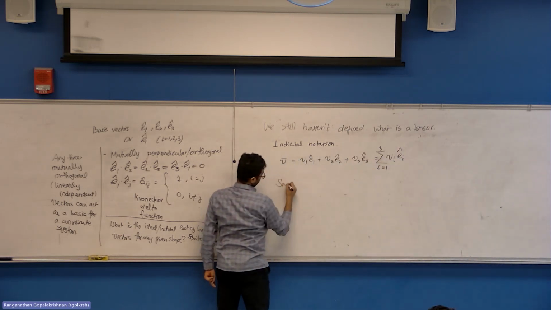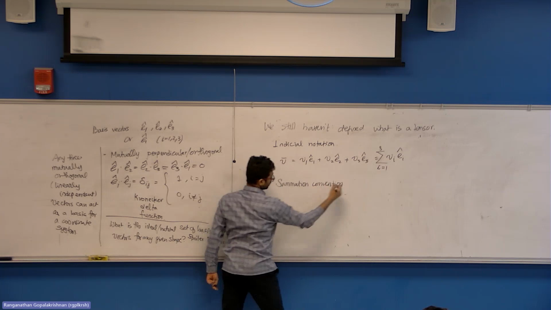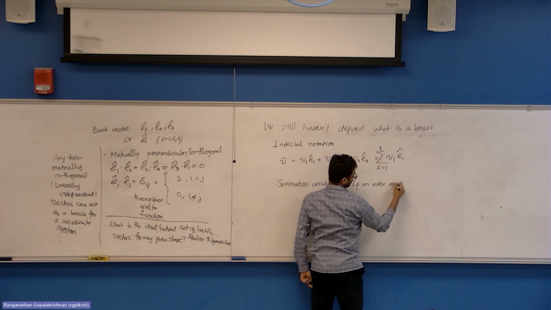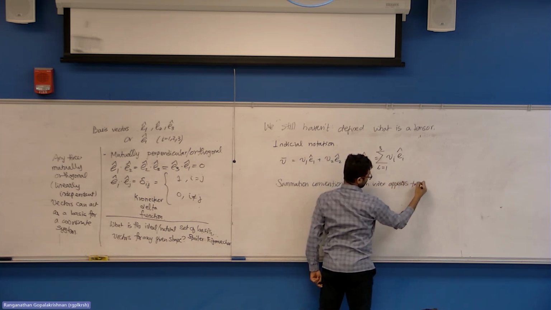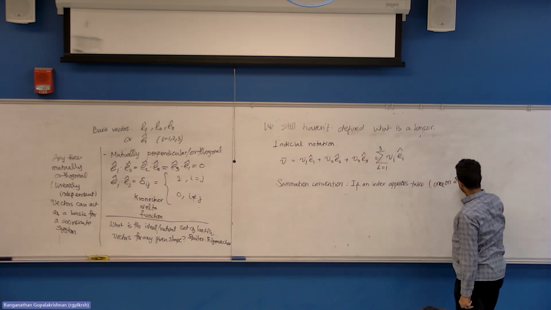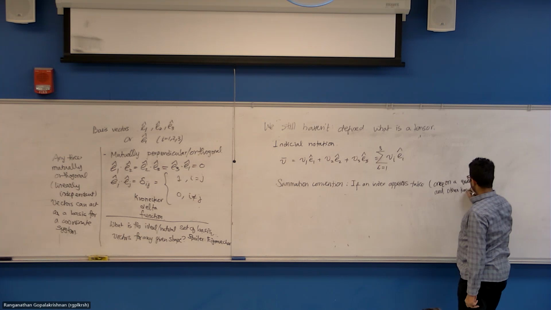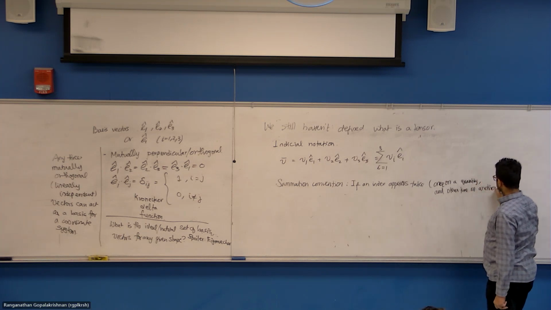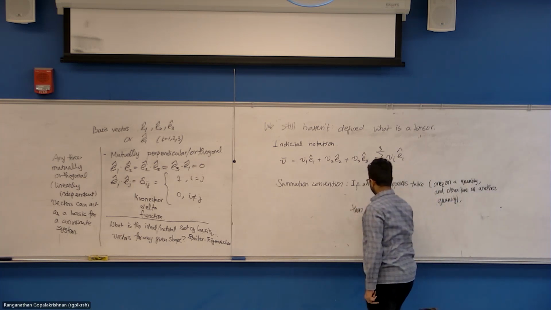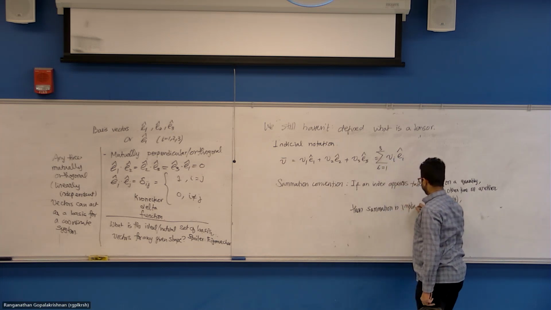The first of those is called the summation convention, which is, if an index appears twice, once on a quantity and other time on another quantity, then summation is implied or assumed.